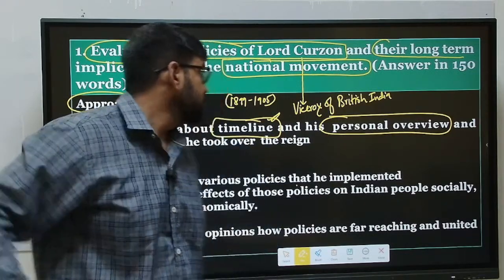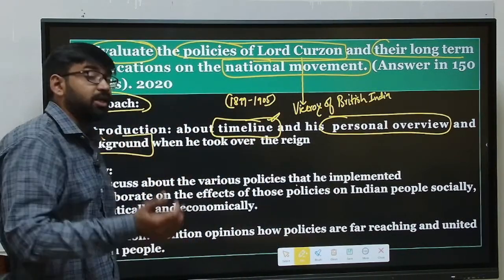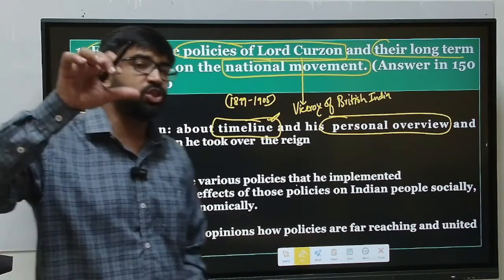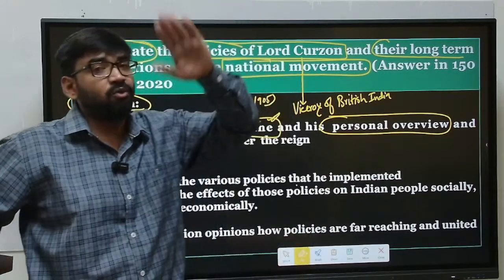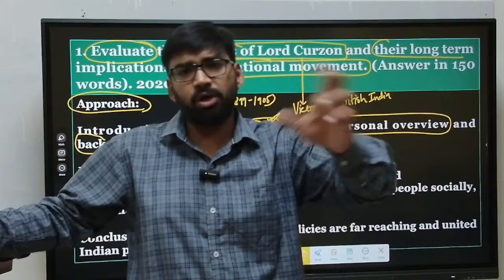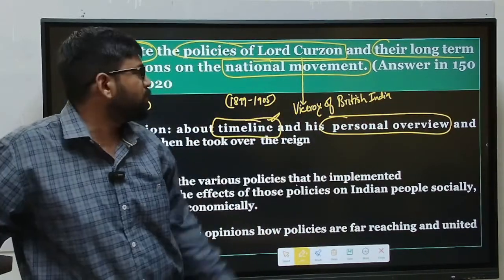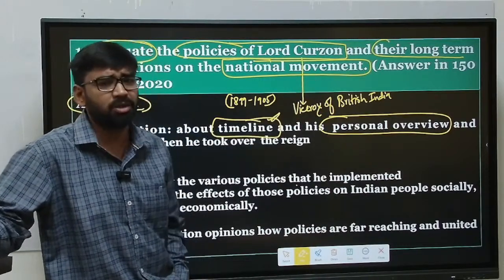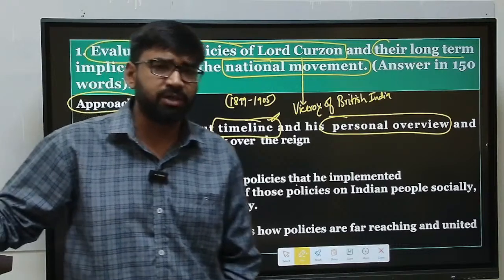You need to mention some background when he took over the position of viceroy in 1899. So at that time, what was the background? These things you have to mention in your introduction, but in a very short form, because this question consists of only 150 words. So your introduction should not be more than 40 words.